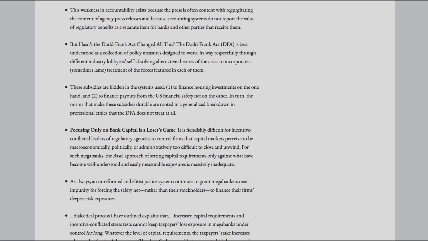To finance housing investments on the one hand, and 2. To finance payouts from the U.S. financial safety net on the other. In turn, the norms that make these subsidies durable are rooted in a generalized breakdown in professional ethics that the DFA does not treat at all.